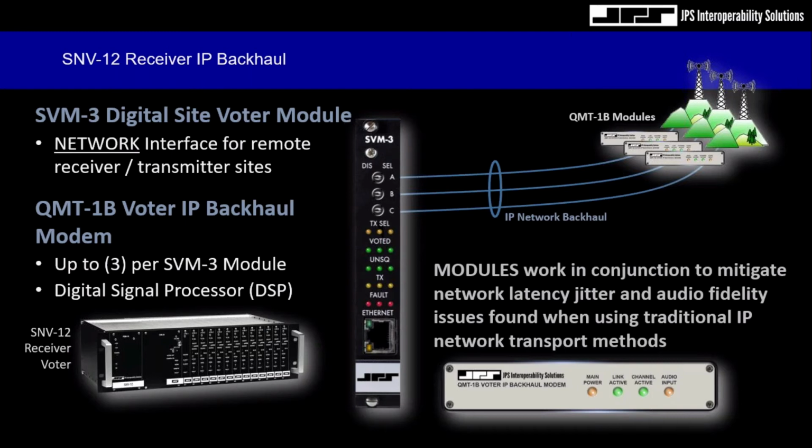Once we've captured the FM spectral noise value, it's then expressed as data, which is lossless, and it is delivered to the control processor module for comparison with the spectral noise captured by other analog SVM2 and QMT1B modules associated to this channel. And remember, the SVM3 will be able to support 3 QMT1B modules at 3 different sites.